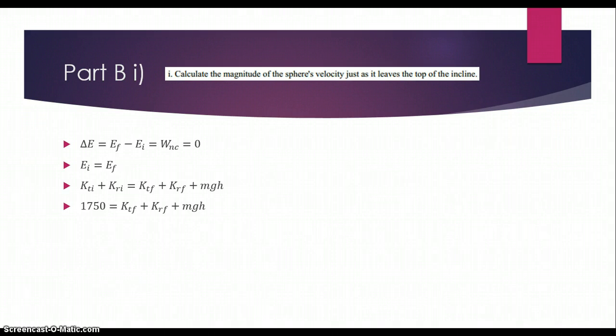Then we know from earlier that the total energy was 1750, so we can just set that to 1750. Then by substituting in, we know that the translational kinetic energy would be 1/2 mv squared, the rotational kinetic energy would be 1/2 times the moment of inertia of the sphere times omega squared, and then we substitute in the rolling constraint, and then we add mgh.